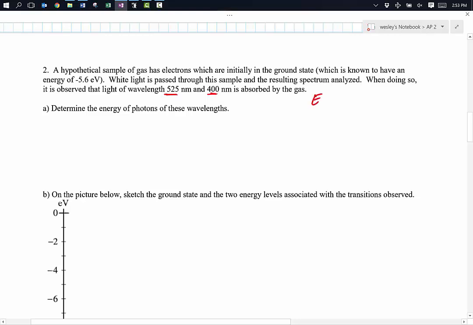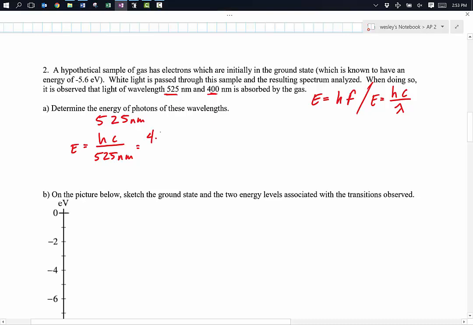Okay, I know that energy is Planck's constant times the frequency. I could also say that it's Planck's constant times the speed of light divided by the wavelength. So for each of these, 525 nanometers, the energy associated with that is going to be Planck's constant times the speed of light divided by 525 nanometers.